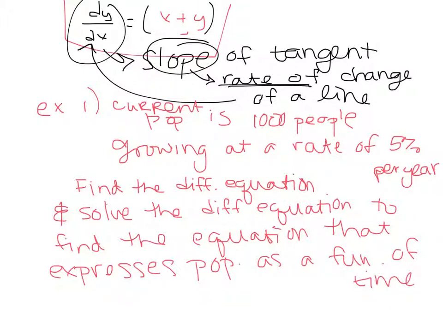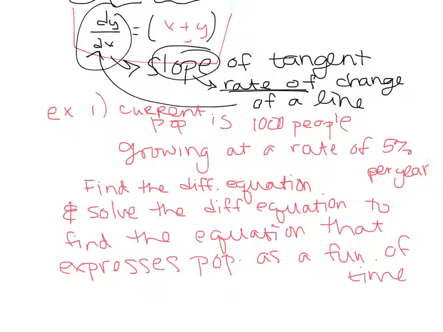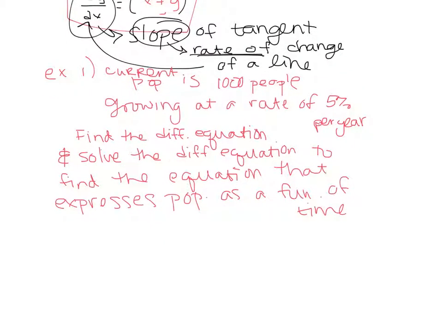Okay, so again, just so we can go over the scenario, we have a current population of 1,000 people, okay? It's growing at 5% per year, and we want to find a differential equation and then solve the differential equation so that we have an equation that expresses population as a function of time.